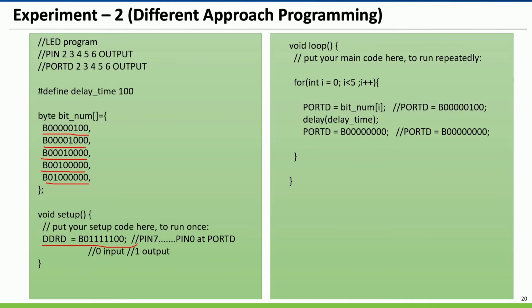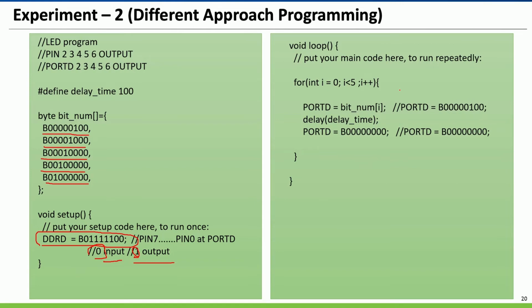Using the definition of DDRD for output, this one for 0 is input, and for 1, you set the pin register for output.